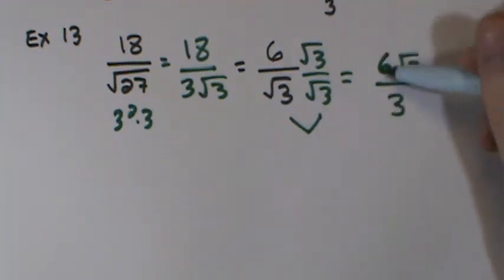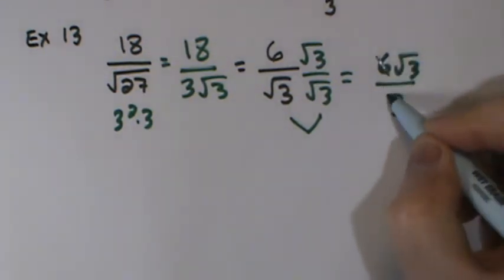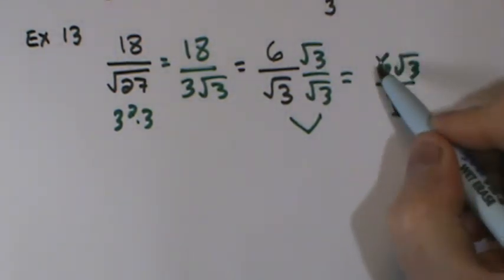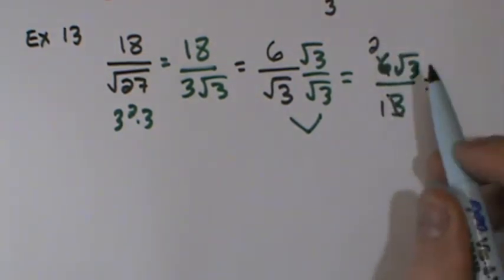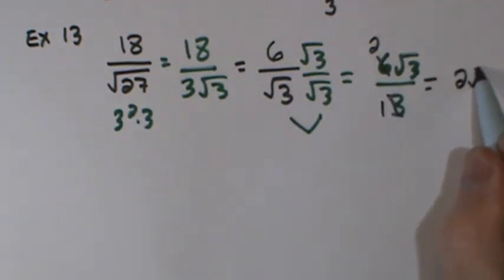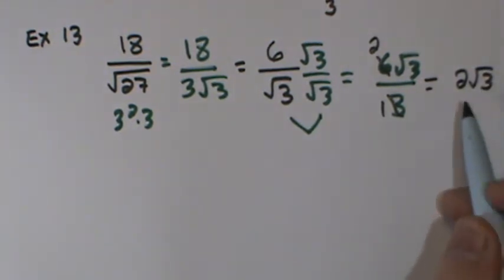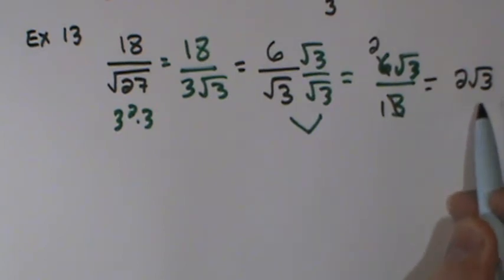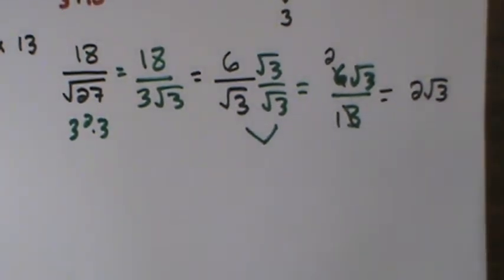With both of these being free values, I do have that opportunity. 3 goes into both of those. 3 goes into 6 twice, 3 goes into 3 once, and we can call this 2 radical 3. If you prefer, you can go over 1, but it's not needed. In fact, I prefer to write them like this. They look cleaner. So my final answer here is 2 radical 3.